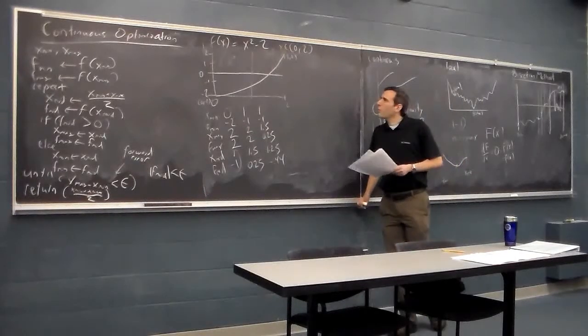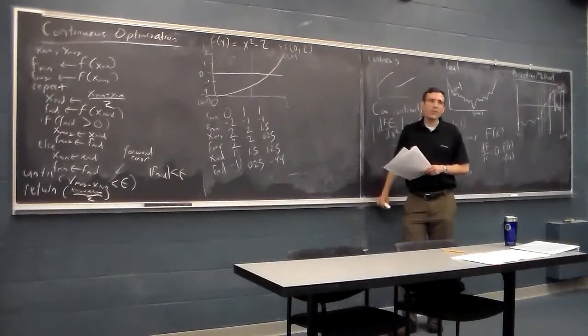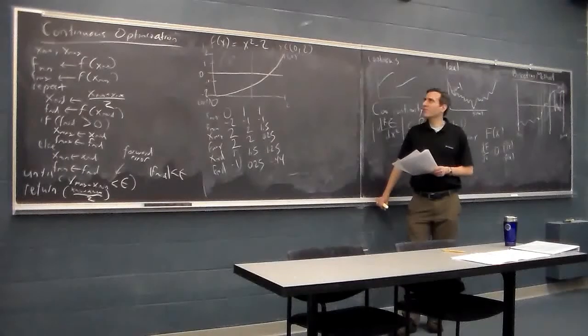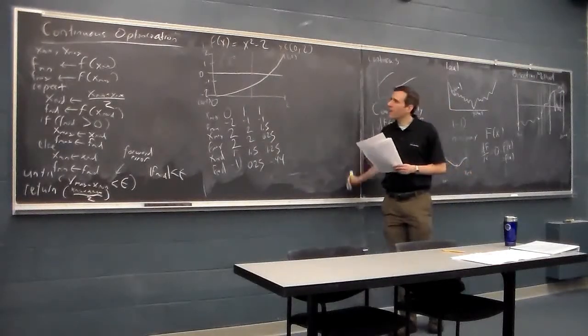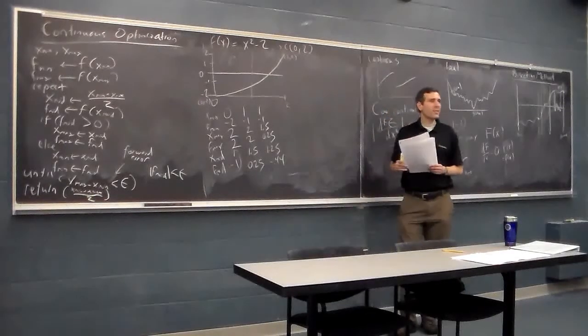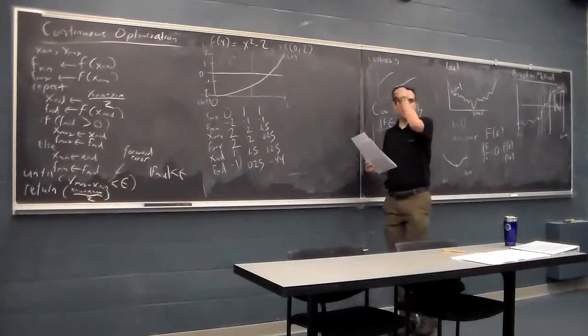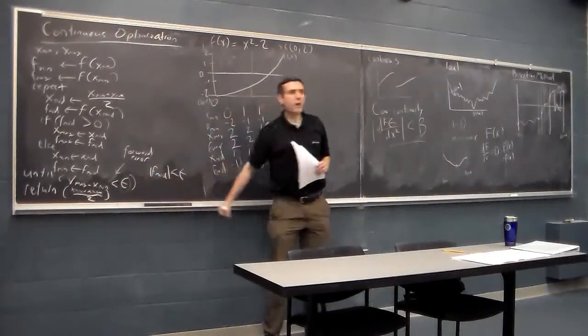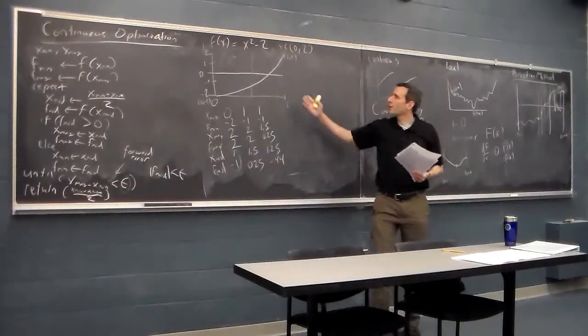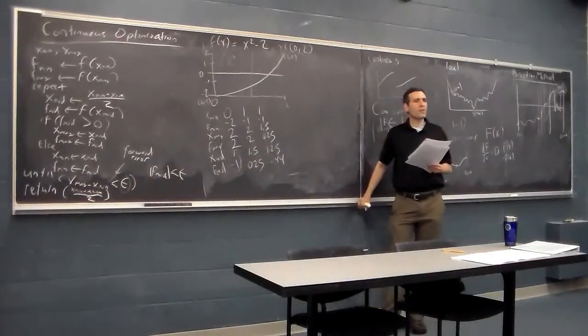Okay, so when working with a method like this, we're often interested in the question of how quickly does it converge? So this kind of algorithm we analyze a little differently than you would typically do with a discrete algorithm, but we can think of convergence as a function of whatever epsilon we're looking at, and also, of course, a function of the size of the interval we start with.